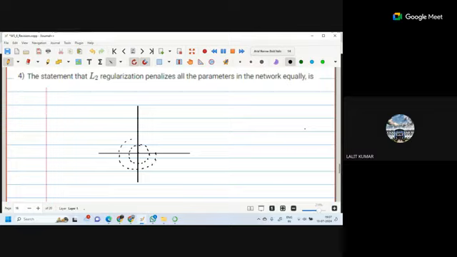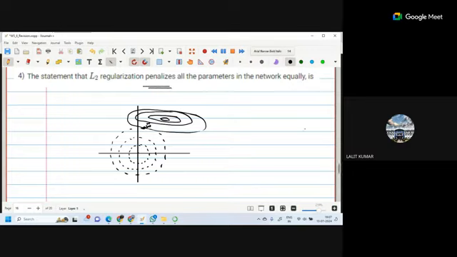This is your regularization one, and this is your loss surface, and where it is meeting with this, this is your w tilde, and here it will penalize the parameters which are not important.